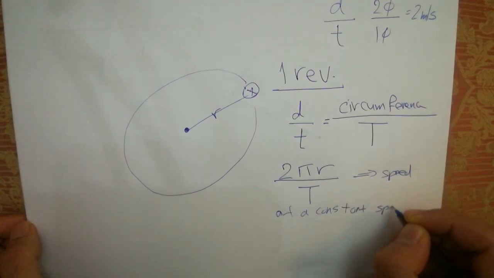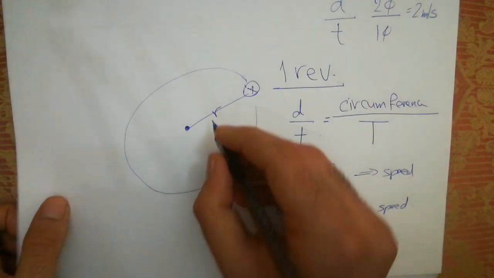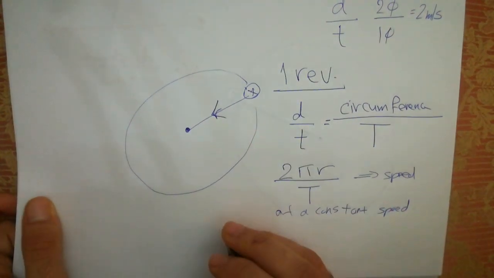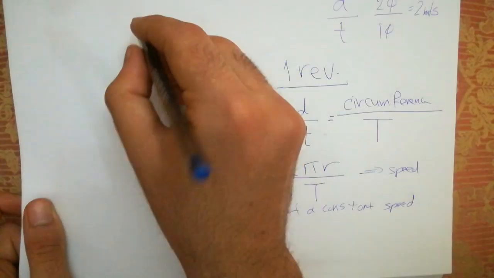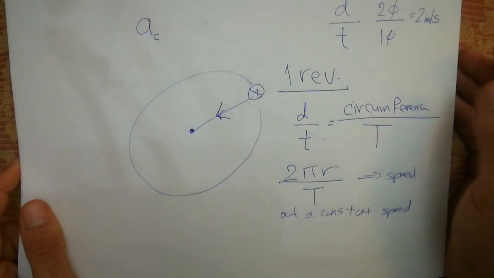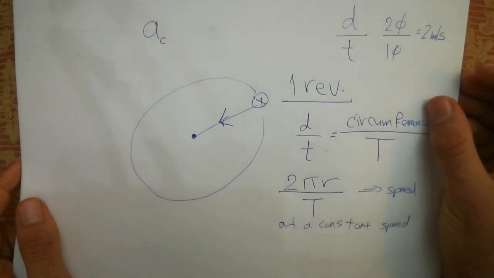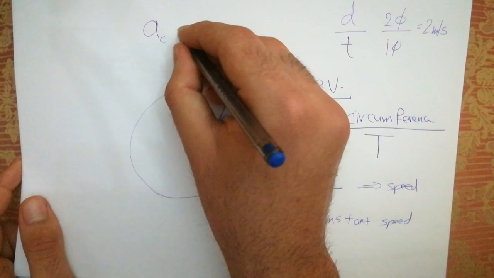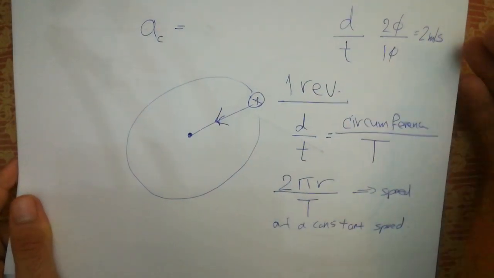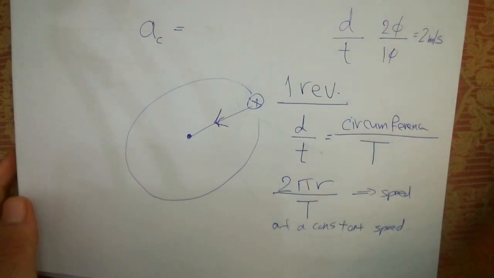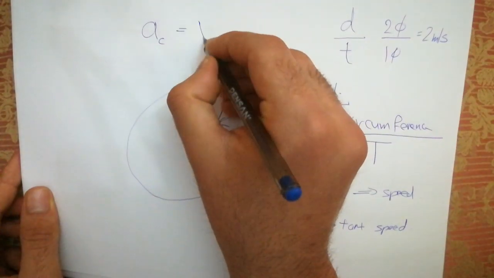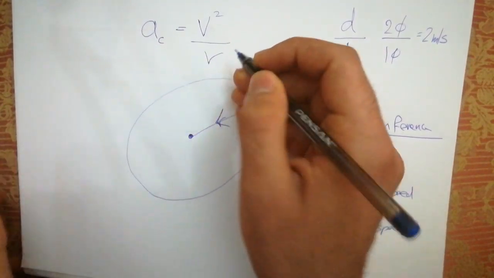You are going to have centripetal acceleration pointing to the center. And this centripetal acceleration is denoted by a_c. How will it be calculated? Well, there is a very long way of calculating it. But in the SAT physics, you have the formula, v squared divided by r.